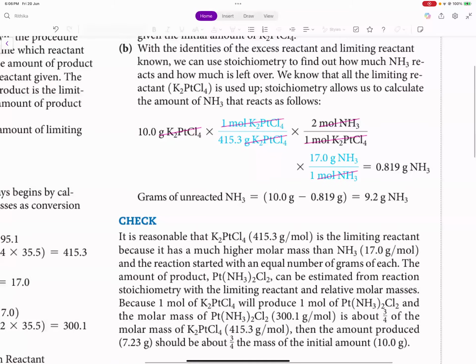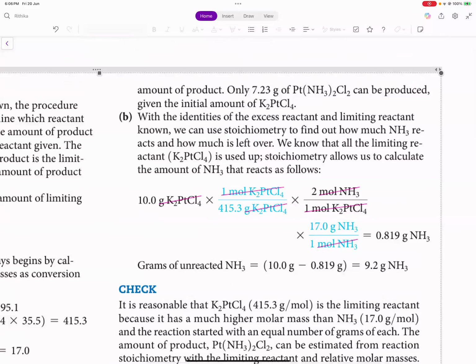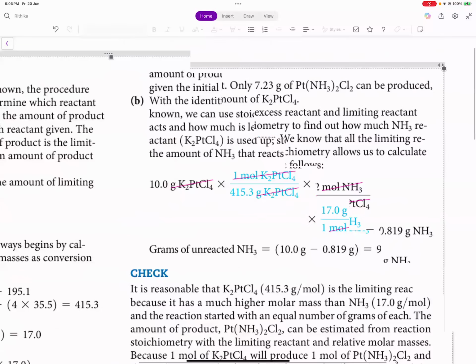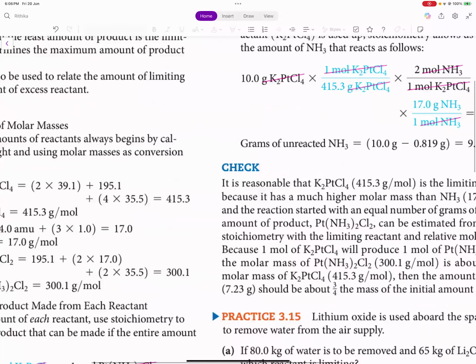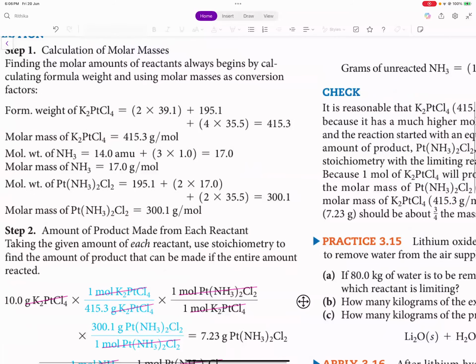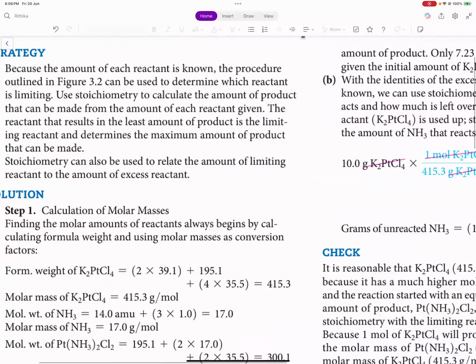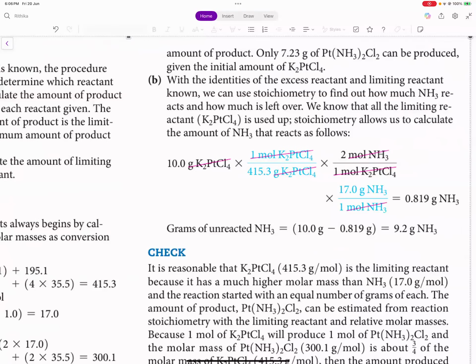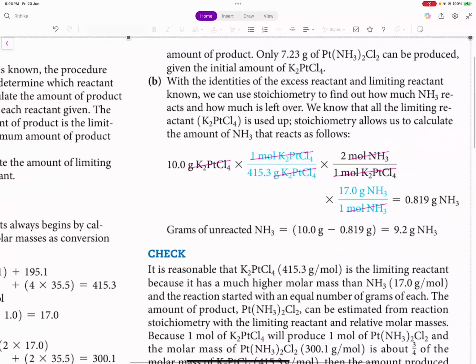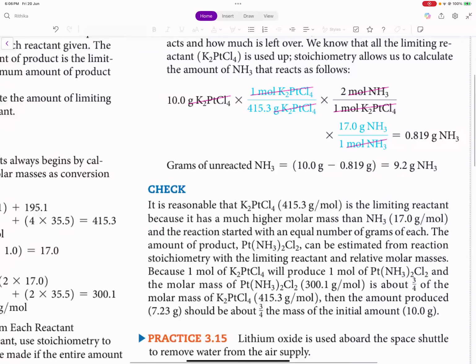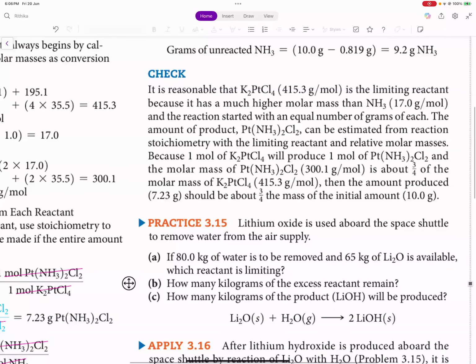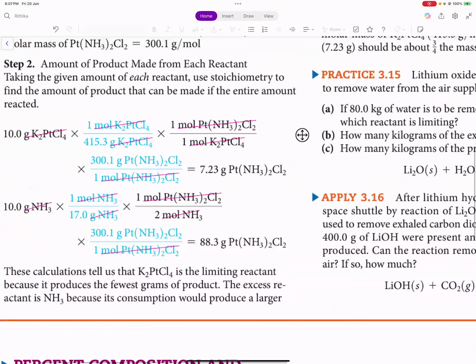I took it as 300 grams. It's 300.1, I took it as 300. 88.2 grams you are telling, right? Okay, great.